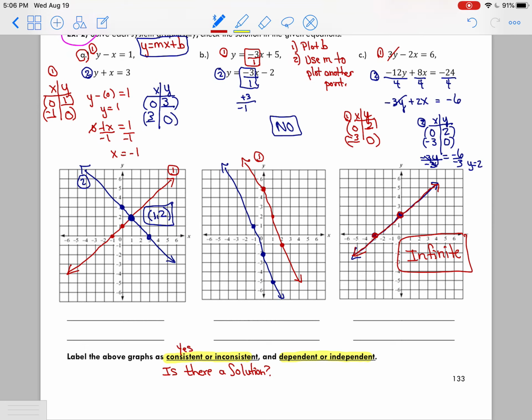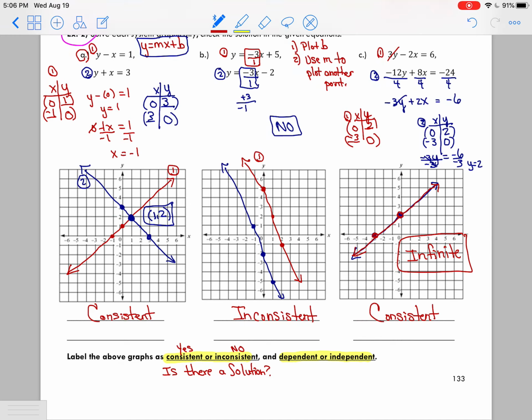So this would be a yes, this would be a no. So we have consistent here. And there is no solution in the second example, right? Those parallel lines never cross. So this is inconsistent. And on the third example, it's definitely consistent, because not only do we have one solution, we have an infinite number of solutions there, don't we?